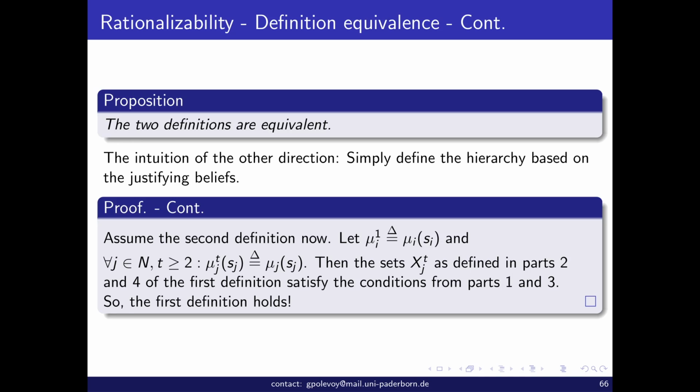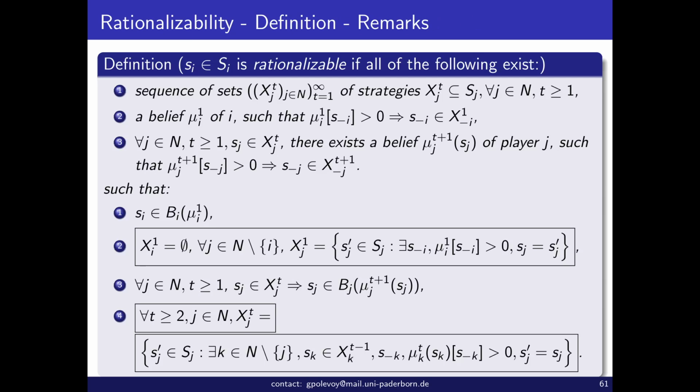And the first definition satisfies the condition, so the conditions that those are best responses are satisfied because we took the mu's with respect to which those actions are best responses. So the first definition holds. Let me go back to the first definition so that I can show you this extremely clearly.